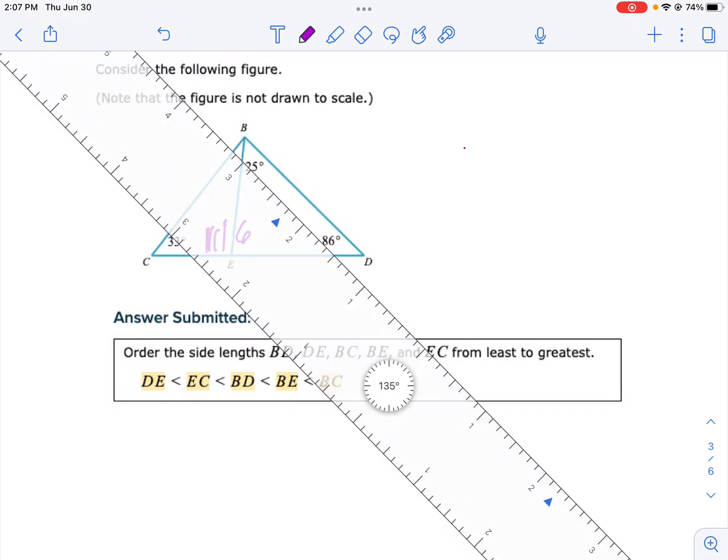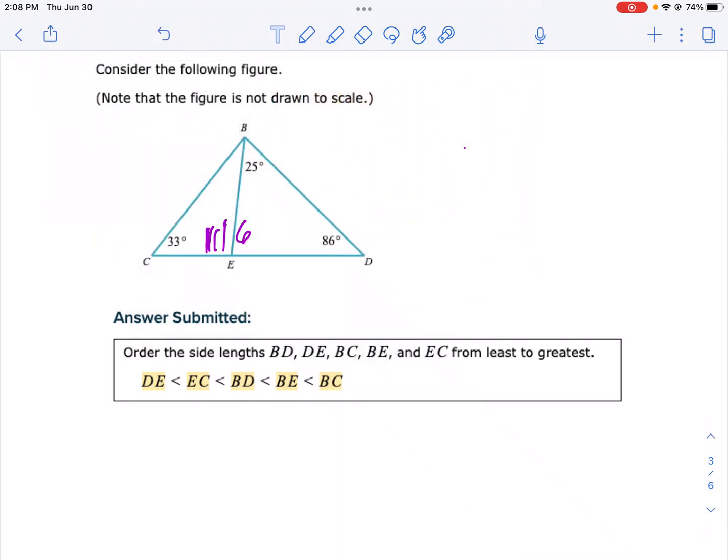There we go, 69 degrees. Okay, and then I know that 69 is equal to 33 plus something, so if I take 69 minus 33, I get angle CBE is 36 degrees.